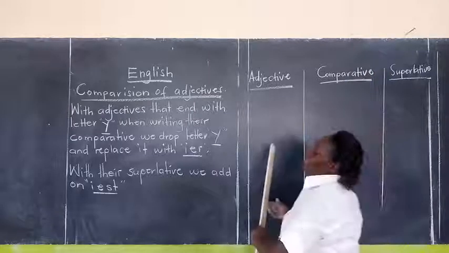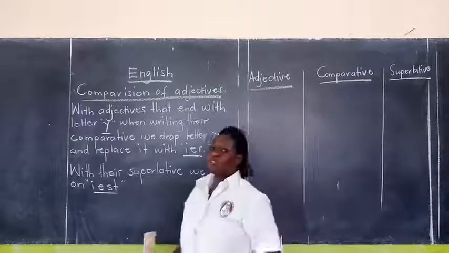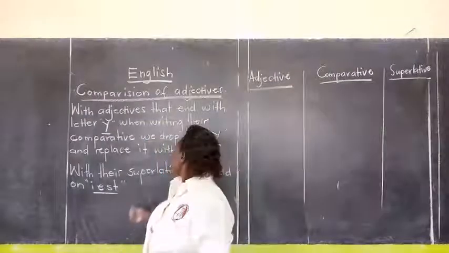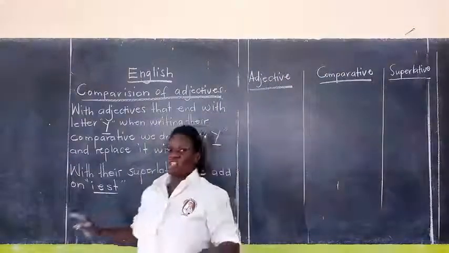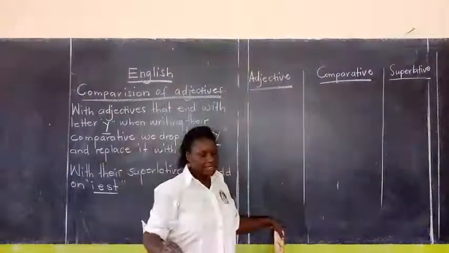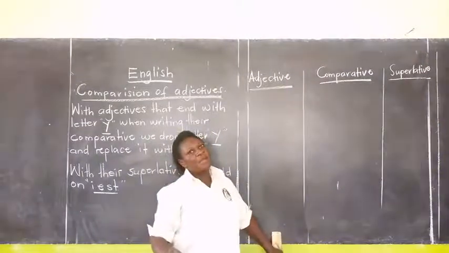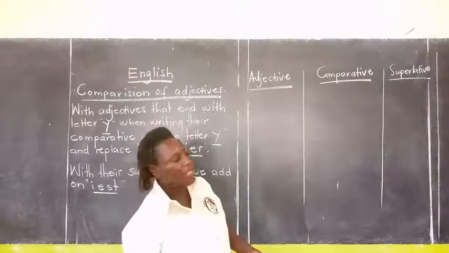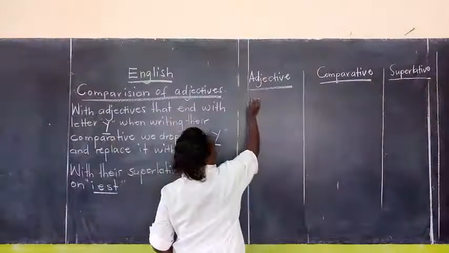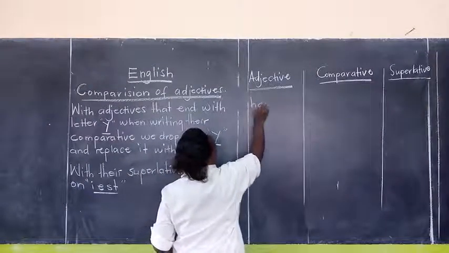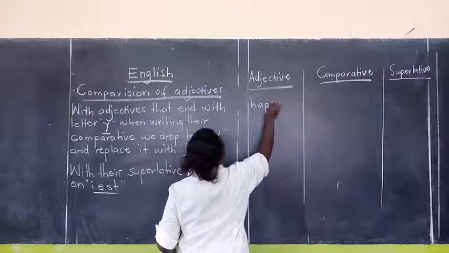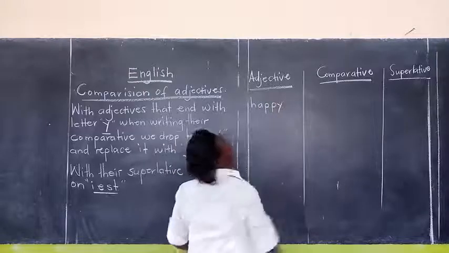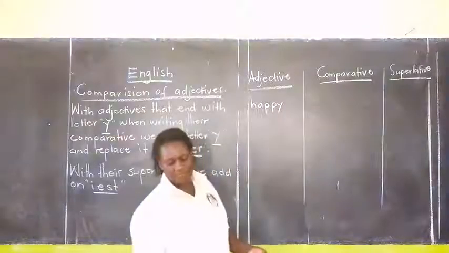Those adjectives that end with letter Y are not so many, like these ones that take ER when changed into the second class degree. Now, among those adjectives that end with letter Y, we have this one here, which everybody likes so much. We have that adjective, happy.